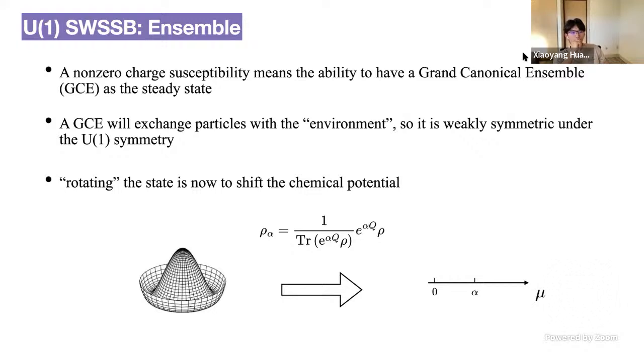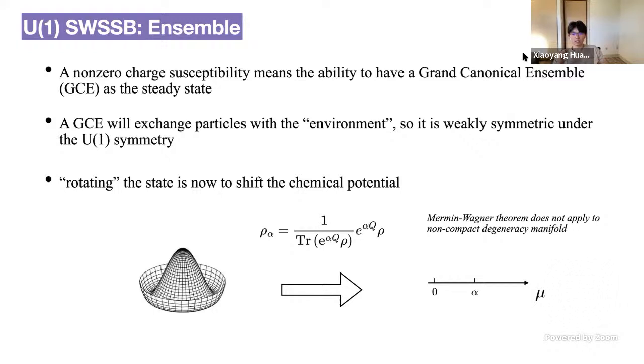But for strong-to-weak SSB, rotation means shifting your chemical potential by acting with the symmetry charge. The chemical potential can be an arbitrary real number, so this kind of rotation is not a compact operation, but acts on a real line.